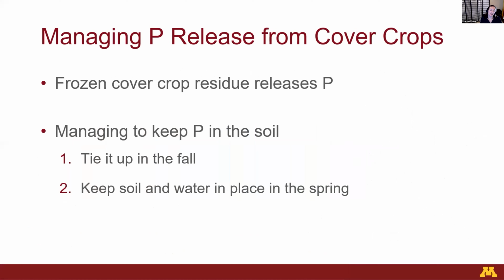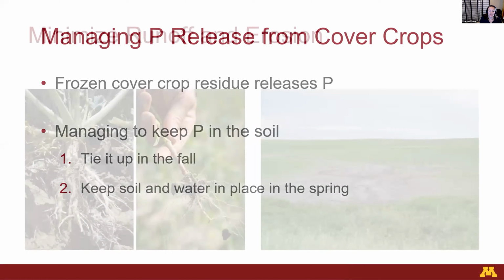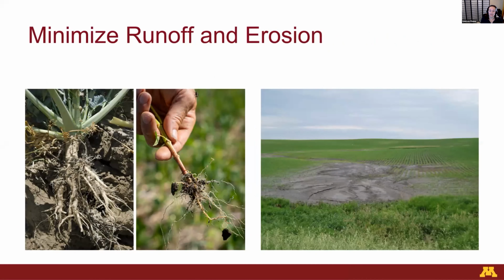So in addition to making sure there's capacity in the soil, you also want to then, once you've bound it in your soil, keep that soil in place. And this is one of those things where cover crops actually could be part of the answer to keep the soil and water in place.